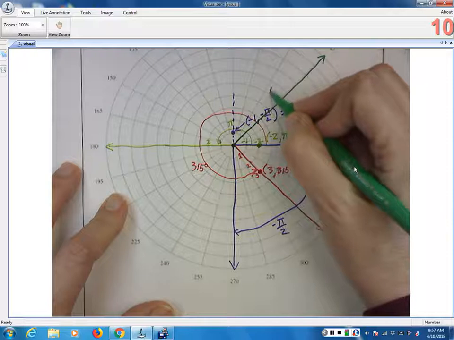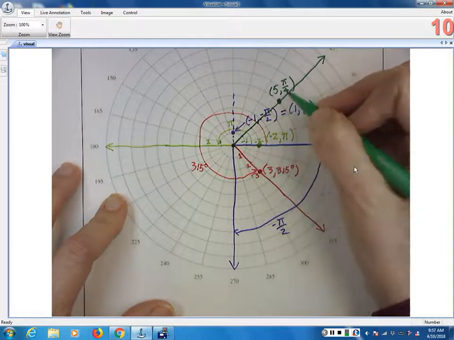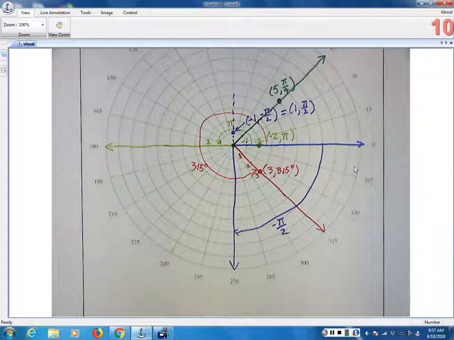So this is 5 pi over 4. Okay, so that's how you find points on the polar coordinate system.